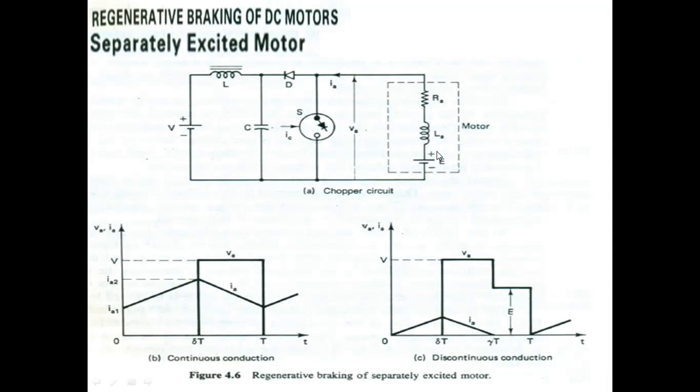Now when I remove the charger, this motor will be acting as a generator and it is delivering energy back to the source. That means the Ia is going against the source through the capacitance and filter inductance. Because the switch is open, this branch is open.